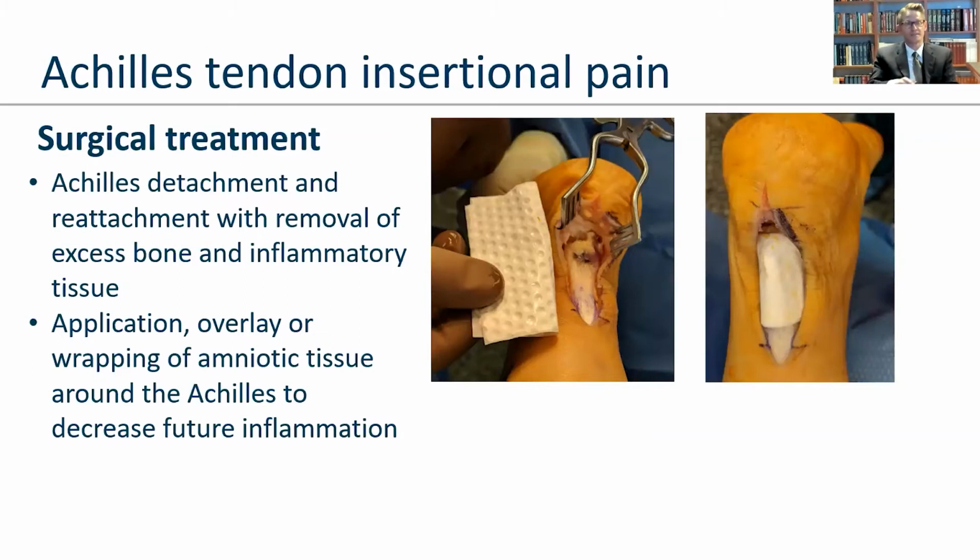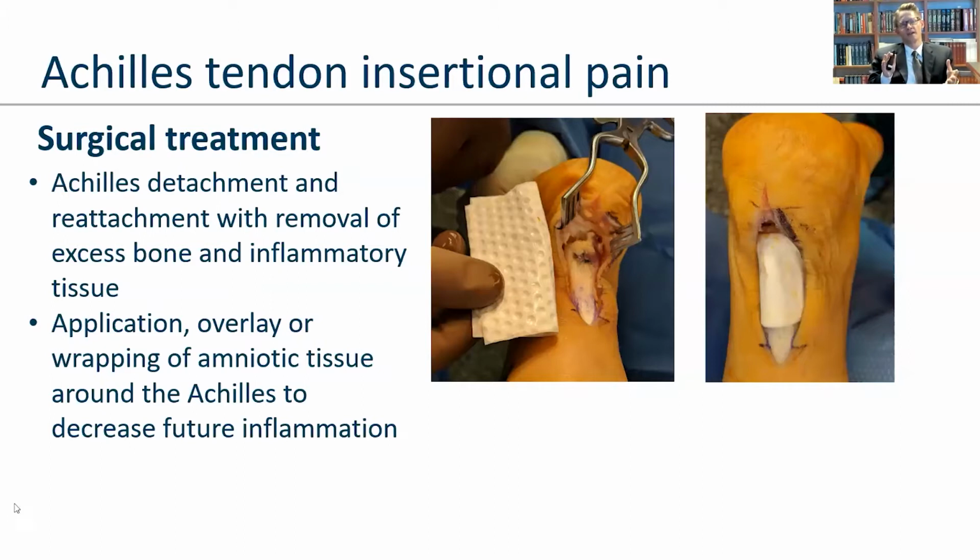Surgical treatment options. So this is a big surgery. The most effective way to do this is to detach the Achilles tendon from the calcaneus, or from your heel bone, and then remove the excess bone, remove the inflammatory tissue, remove the bursa that's causing the problem.